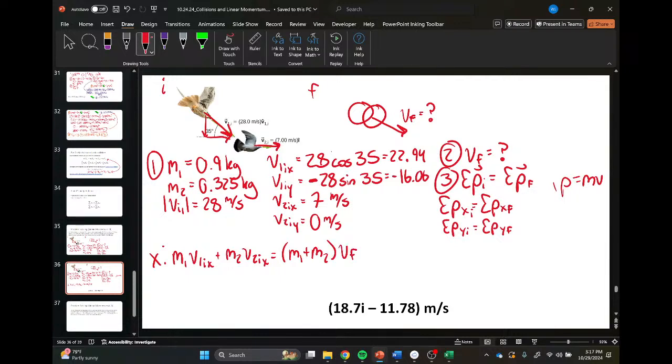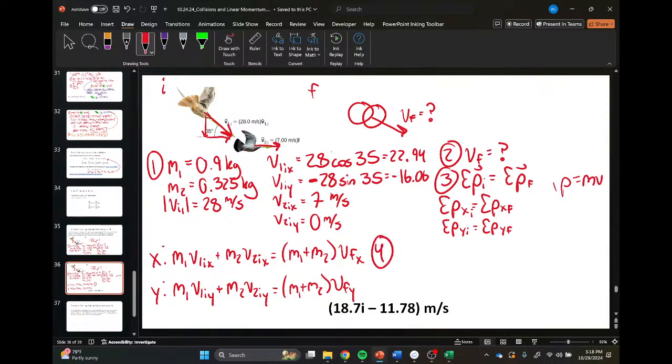Together forever. Great. And then if you want to do the y component, it's the exact same thing, but I just replace it with y's. So m1 v1 initial y plus m2 v2 initial y equals m1 plus m2 v final y. Forgot to put x and y's at the end there. And ta-da, we built our equations, plug in the numbers, do the math. That's the last step. Now you do it.